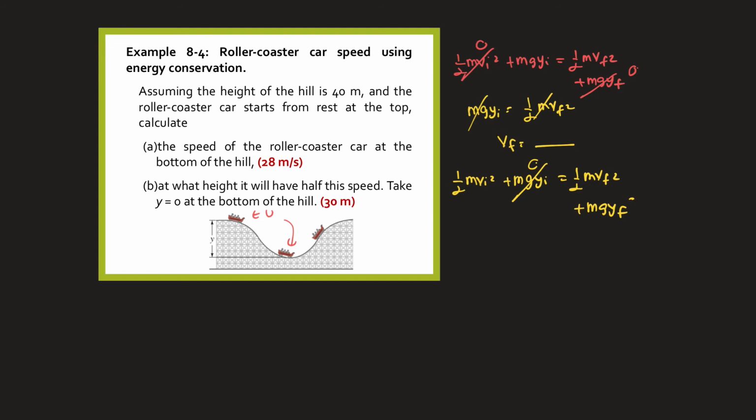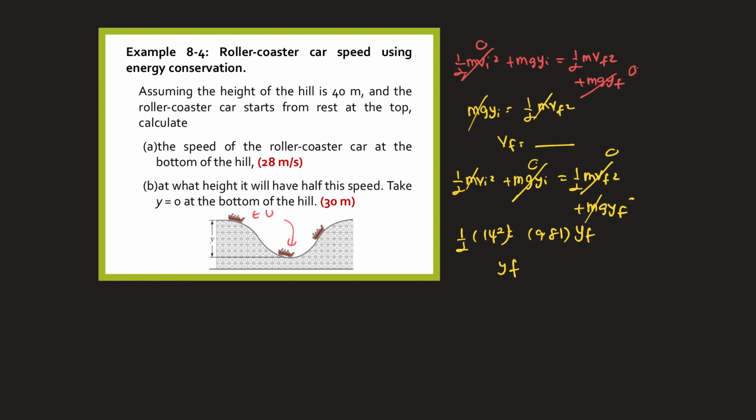Because the question asks you to find at what height, the bottom is my initial, with half of the speed, and m is going to be canceled here. So it is 14 squared, g is 9.81, with y final, which I didn't know. So this is 14 squared divided by 2 divided by 9.81.